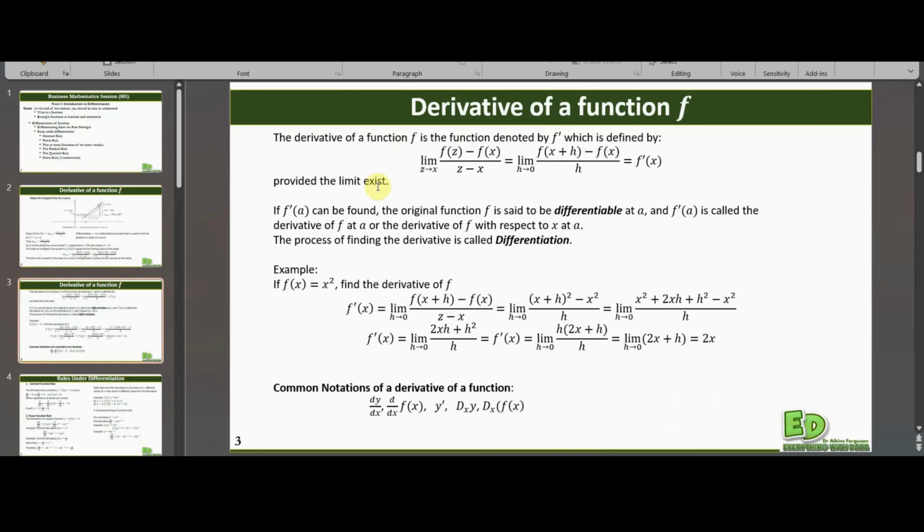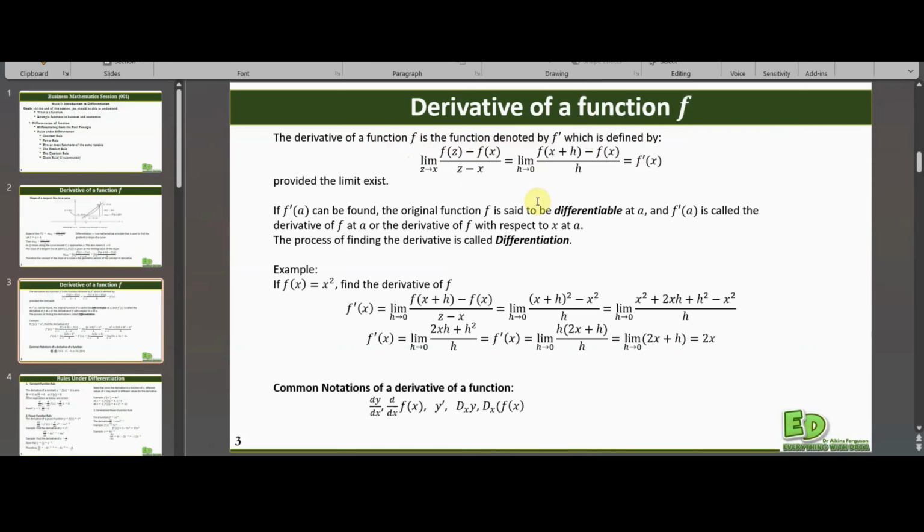Moving along, we will look at a bit of tweaking of the formula, right? Still on the derivative or the differential of a function. The derivative of a function f is a function denoted by f prime, which is defined by. So any given function, say f, is denoted by f prime.